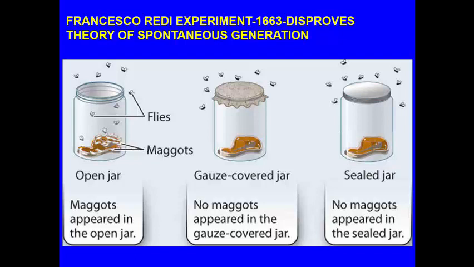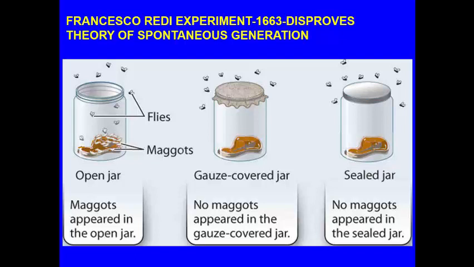The maggots were prevented from appearing because the flies that laid the eggs, which turned into maggots, were isolated from the rotten meat. And interestingly enough, in some descriptions of this experiment, with the gauze-covered jar, the flies would lay their eggs on top of the gauze, but there would be no maggots in that rotting meat.